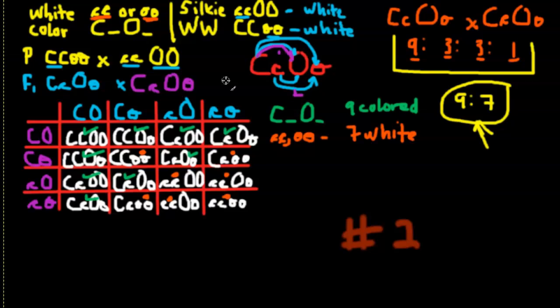And then it tells us that the white wyandotte has the formula homozygous dominant for C's, homozygous recessive for the O's. And they also are white because they have, over here, 2 little o's.